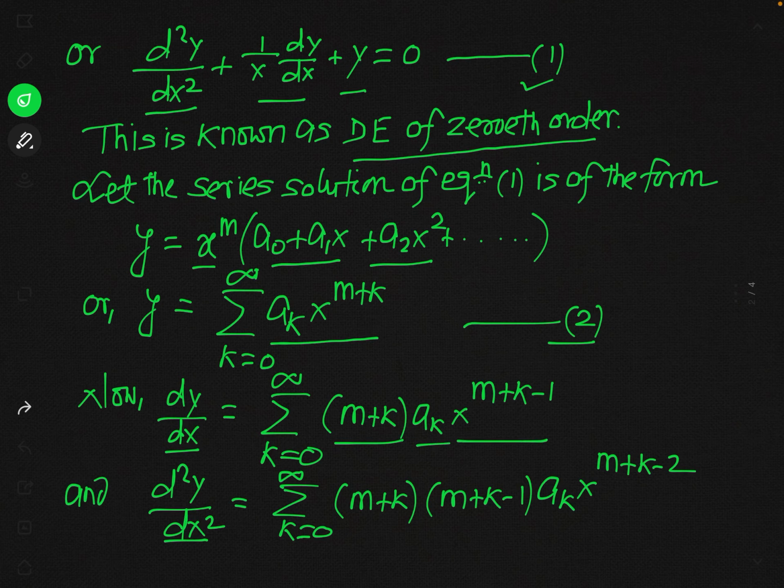If we differentiate again with respect to x, we get the second order derivative d2y/dx squared, which is summation over k from 0 to infinity of (m plus k)(m plus k minus 1) ak x to the power m plus k minus 2.